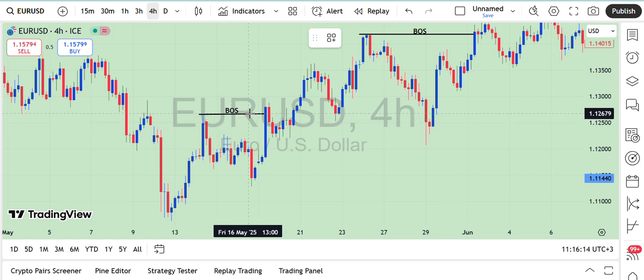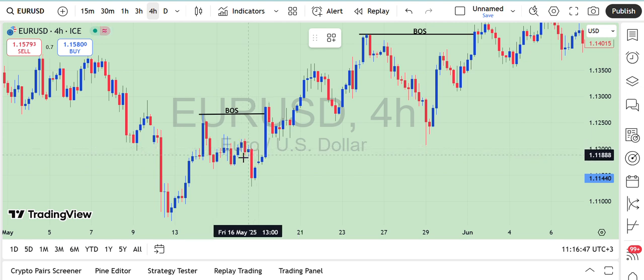That's where my point of interest is. What do I mean by this? An order flow is the last move down before the break of structure. Or if you are in a downtrend, you mark the last impulsive move upwards before the break of structure downward.